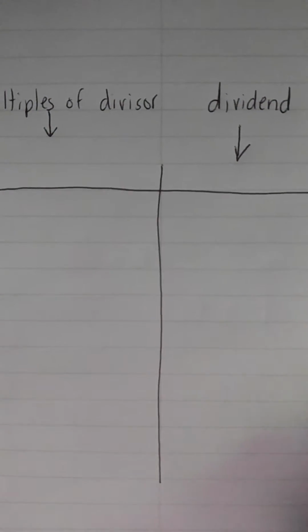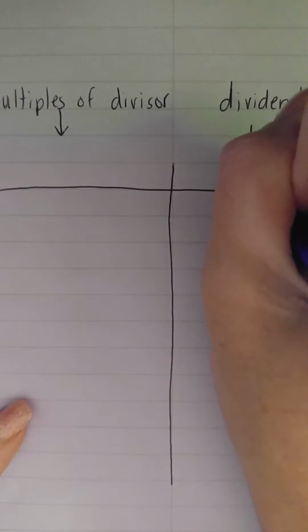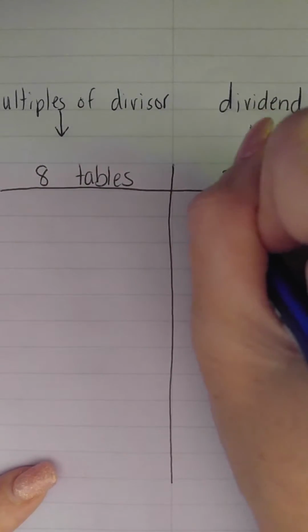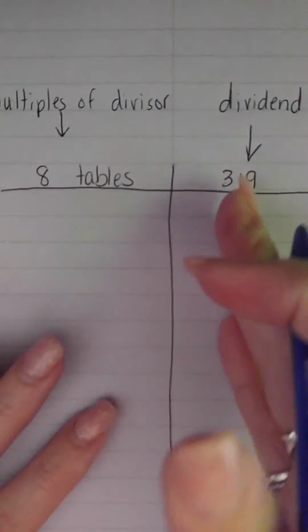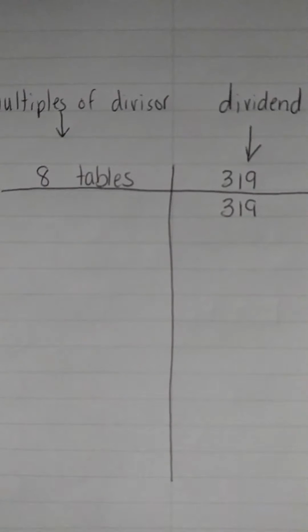So my dividend is 319. And I'm looking at my eights tables. All right, so I start with 319 here, and this will be my running subtraction row. I'll be subtracting until I get as low or as close to 0 as I can, and obviously I have to have less than 8.